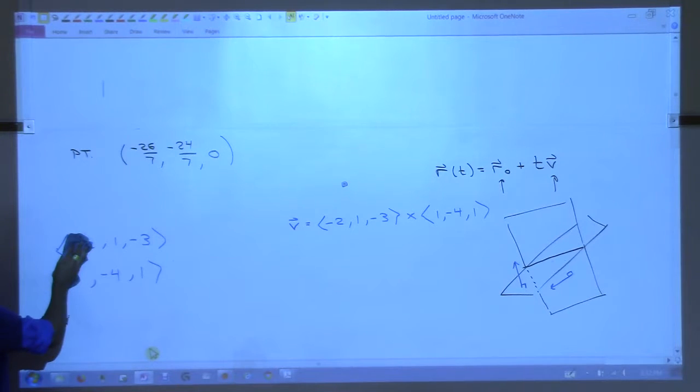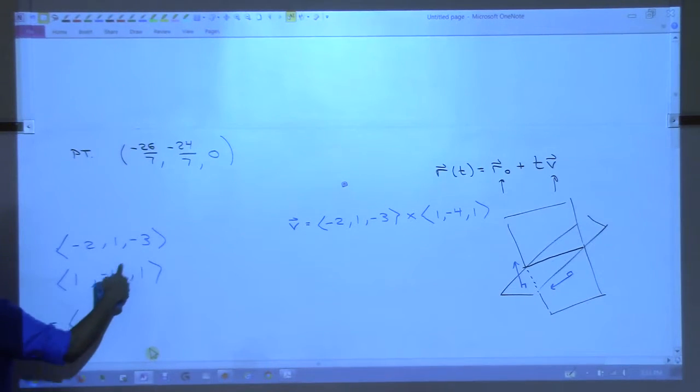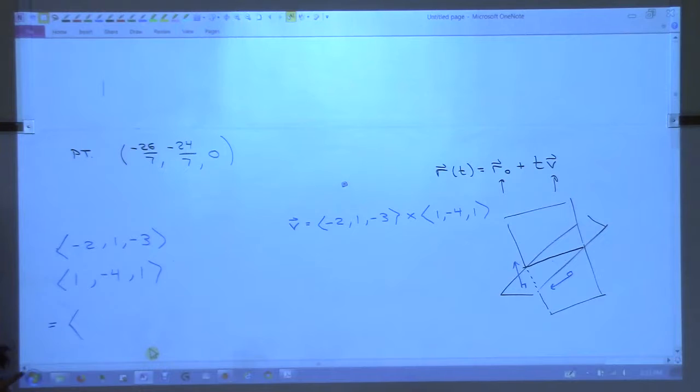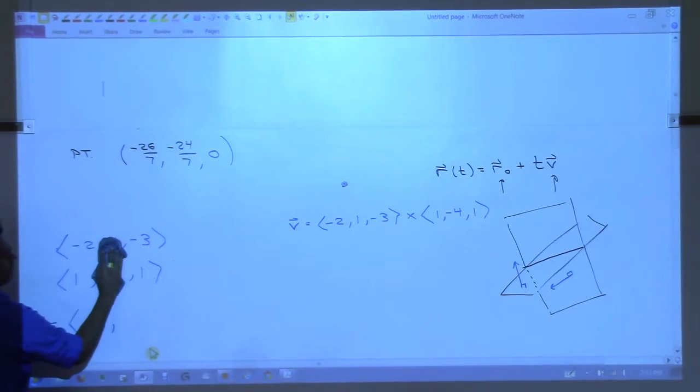And we're going to get a vector, right? So what do we get from that first piece? 1 minus negative 12. This and this is going to be positive 12, though, right? But then we're subtracting it. So 1 minus 12, negative 11. Okay, so negative 11 here. And we cover up the middle one.